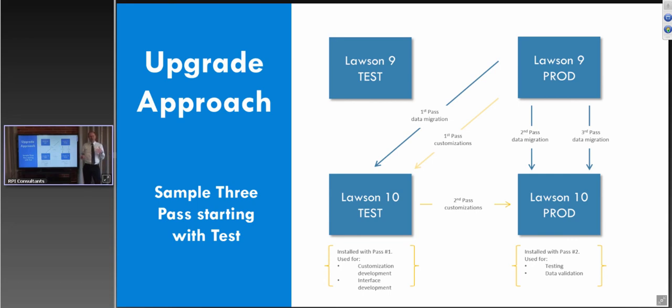Then that sets us up for our third pass, which is taking the system live. It's where our data again comes over. This time a cutover from prod. At the same time, this line represents our development customizations that have been deployed through our change control process from future 10 test to future 10 live.